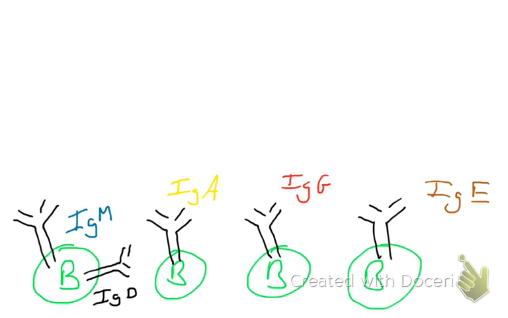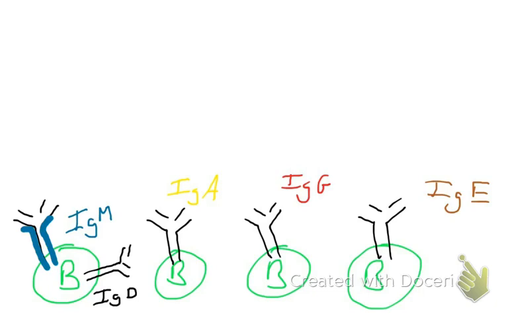But right now, let's just talk about these different antibody isotypes and their structures. Right now, they look the same, don't they? They've got two heavy chains and two light chains in terms of their proteins. But all of these immunoglobulins are slightly different. Where do they differ? They differ in the constant region of the heavy chain protein.